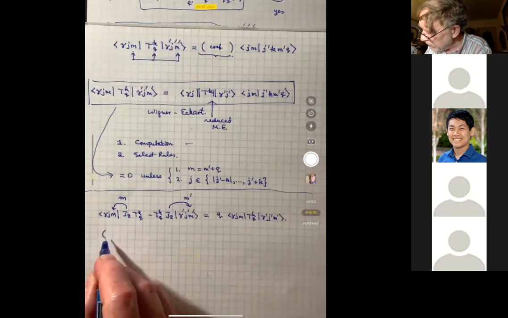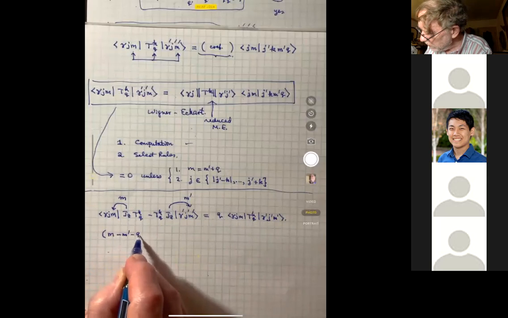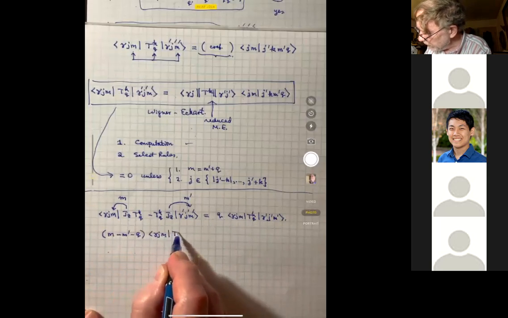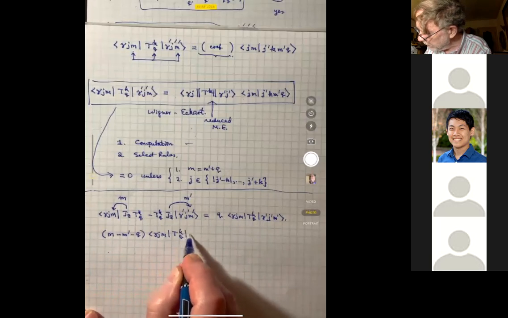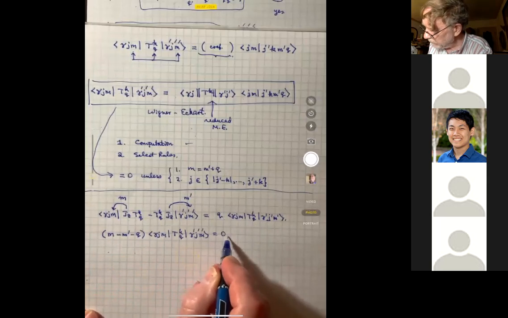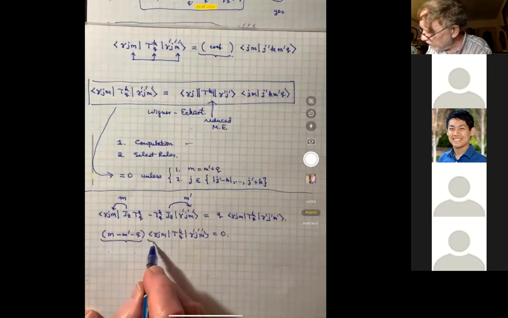So we end up with M minus M prime minus Q times our matrix element that we're interested in. Here it is, and I'm writing it out again, is equal to 0. And thus, either this factor vanishes or the matrix element vanishes.